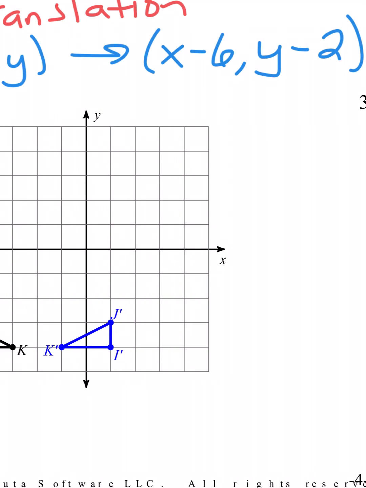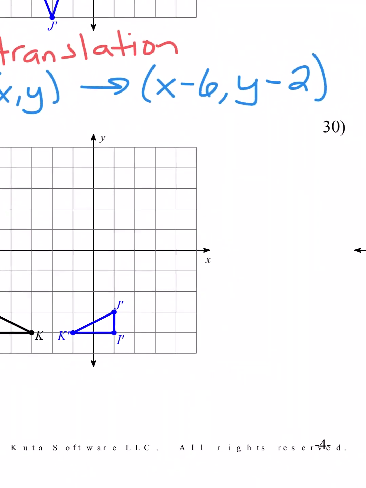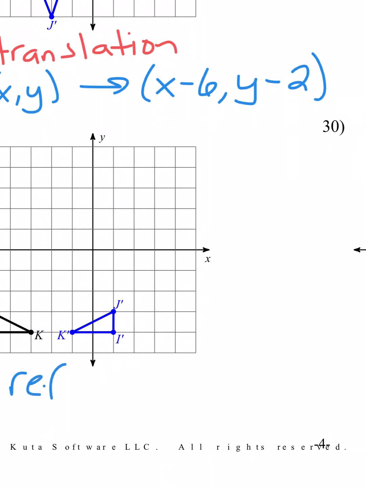All right, 29. Which transformation's happening? Reflection. How do I write the rule for reflection? Yep, whatever line it's going across. Here's my line. How can I name that line? It is x equals -2.